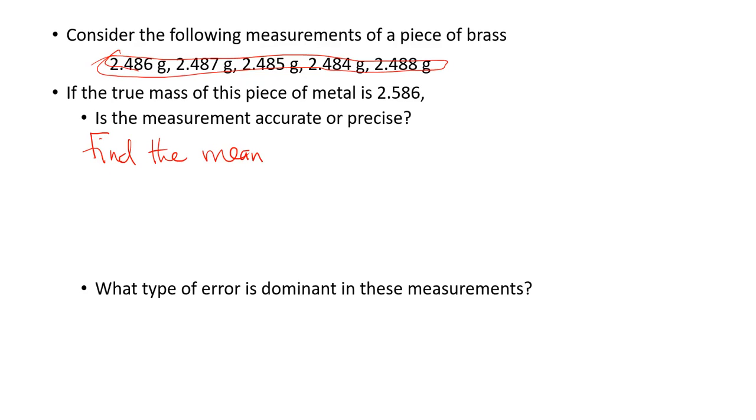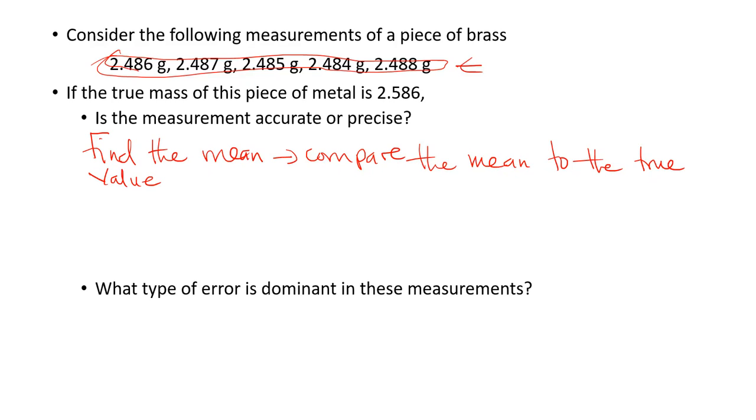Find the mean. And then compare the mean to the true value. So for these values here, the mean is 12.43 divided by 5, which is 2.486. So the mean is 2.486.